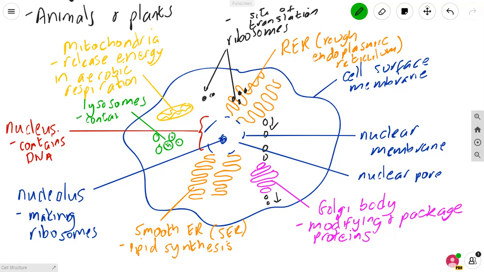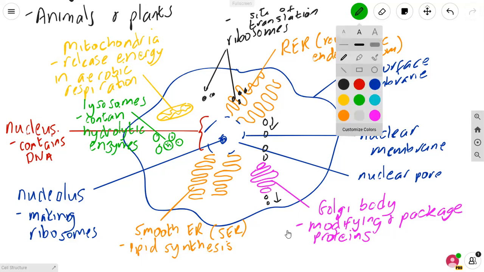What are hydrolytic enzymes? Hydrolytic enzymes are enzymes that can carry out hydrolysis, so they can break things apart. Remember, we always use the term hydrolysis. So cells will use them to digest old organelles, or in the case of phagocytes, to digest the pathogens that they've taken in. They'll pour on the hydrolytic enzymes.